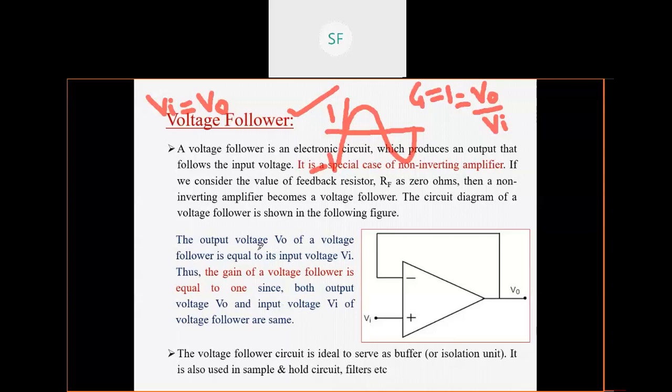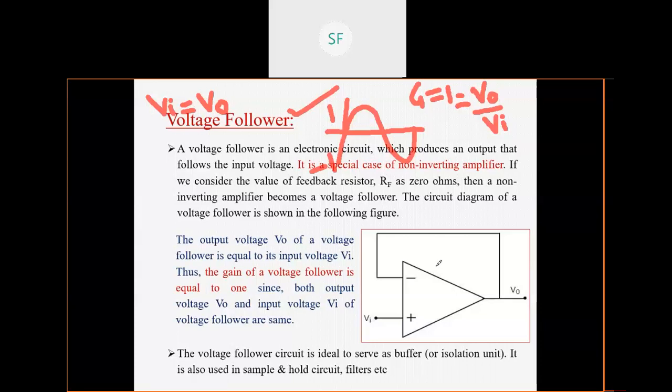Right. So I got one question, what about the input resistance? The input resistance can be anything. Okay, don't worry about the input resistance. This is a very simplified diagram.